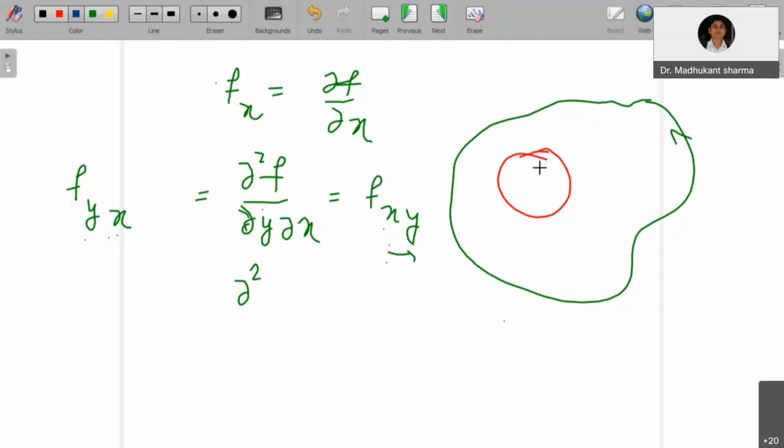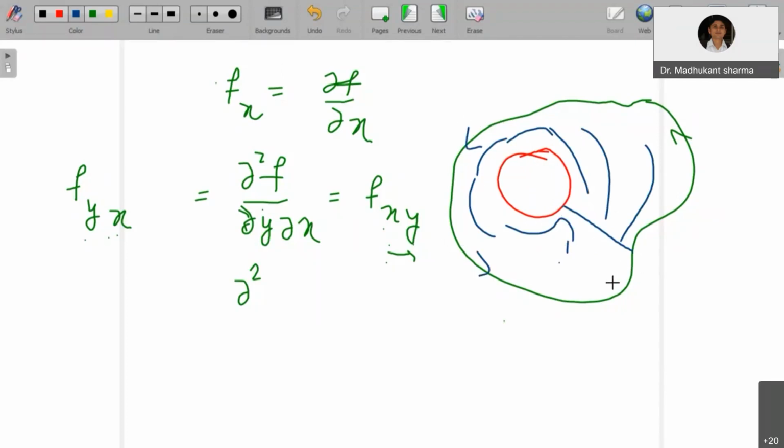It's very simple: you cut it. Once you cut from here to here, this will be a shape with no hole, because it will be open now.